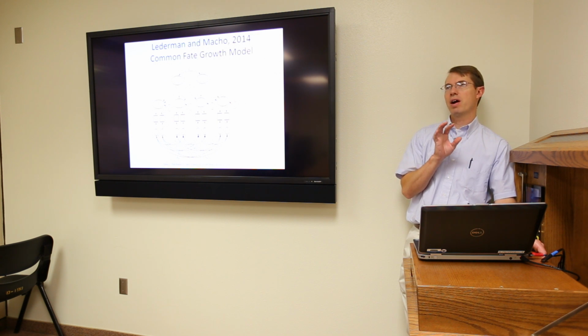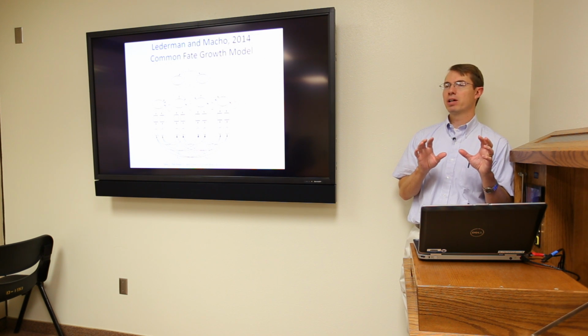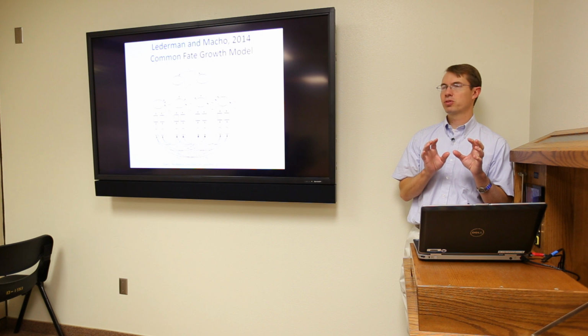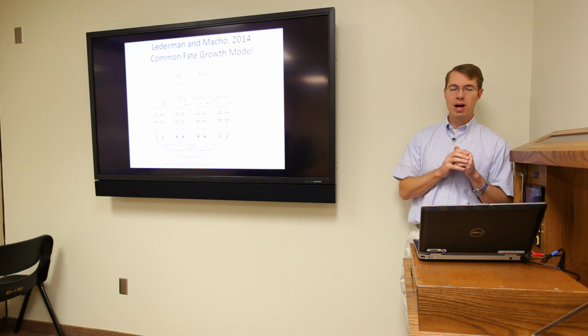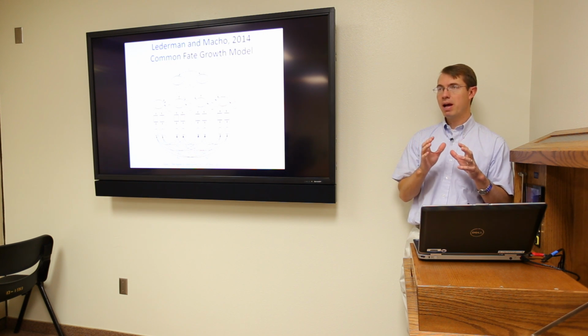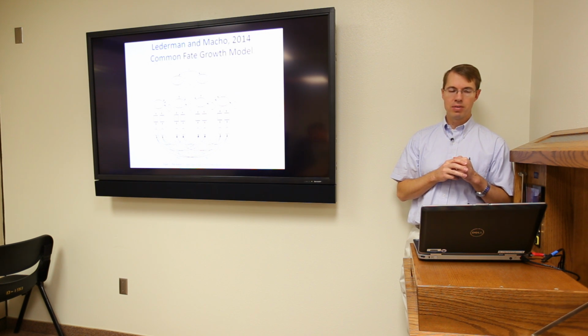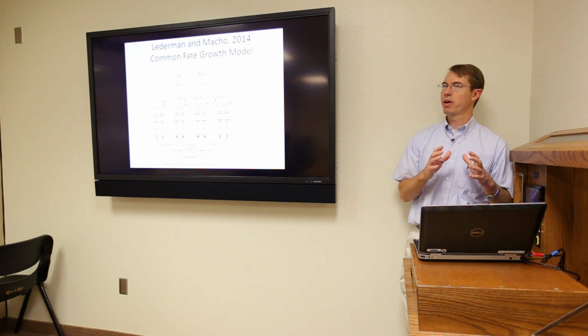So let's say you have husband and wife data, where those responses from husbands and wives are highly correlated, say above 0.4, I believe is the cutoff that Liederman suggests. But if they're correlated a good amount, then you could put, say, husband and wife observed variables on the same latent variable.